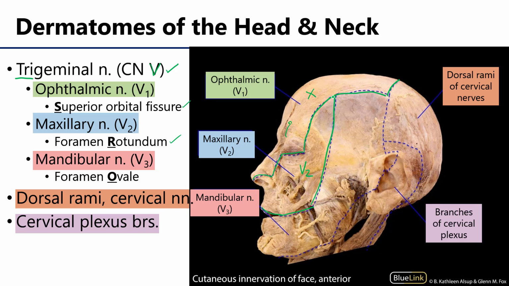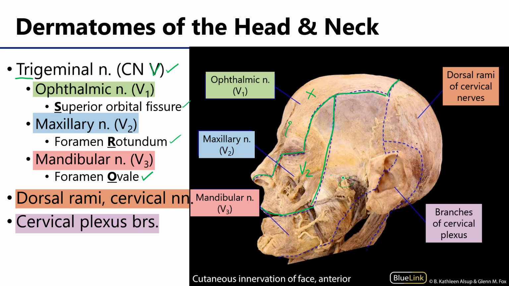And then V3, the mandibular division or mandibular nerve, is going to exit the cranial cavity through foramen ovale, and it's going to supply a lot of the deep face from the infratemporal fossa, so this region in here.